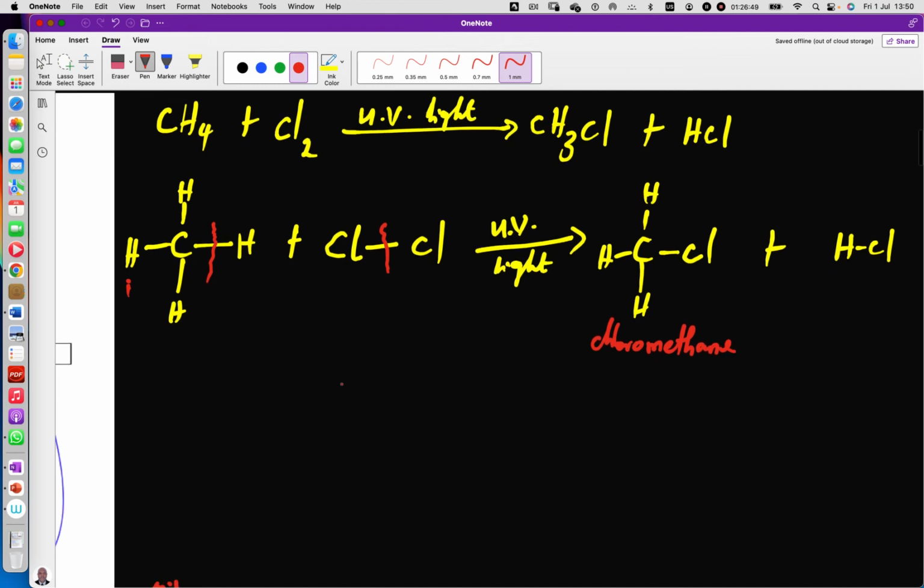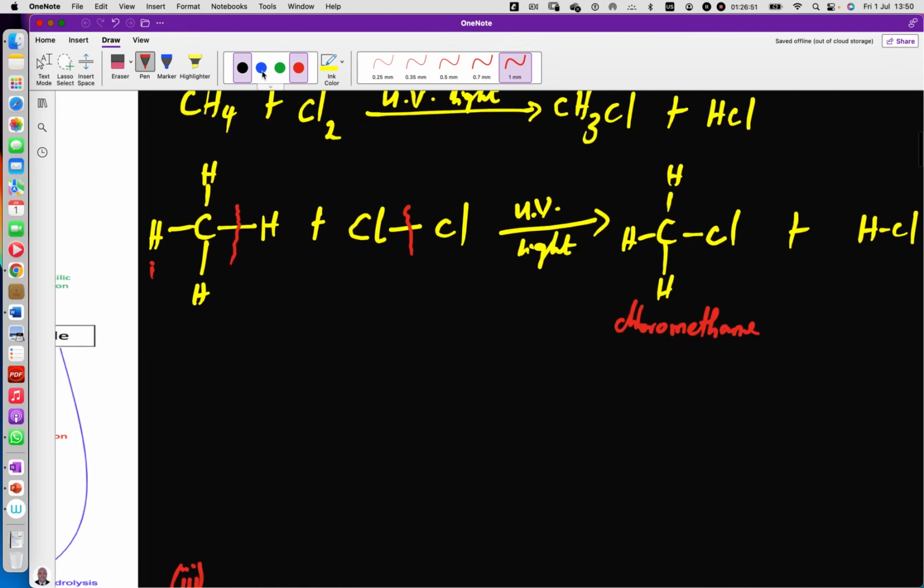So now we can use that chloromethane again and undergo another substitution. The chloromethane, CH3Cl, reacts with another chlorine molecule. Now, still under the UV light, it will break, and one hydrogen will break off. It's going to be substituting all the hydrogens here.